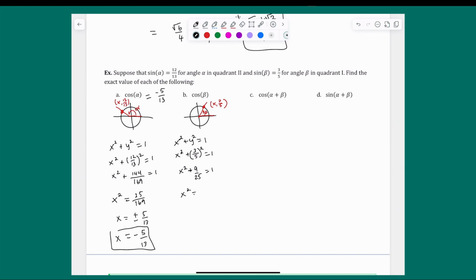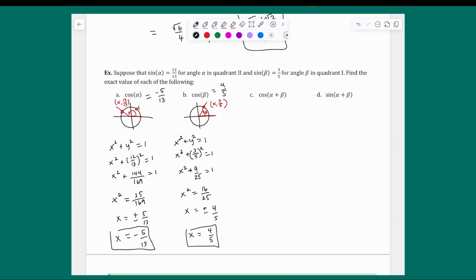And so we see x squared equals 1 minus 9 over 25, which would be 16 over 25. And x equals plus or minus the square root of that number, which would be 4 over 5. And so we know that x has to be the positive one since beta falls in quadrant 1. Okay, which means cosine of beta is 4 over 5.